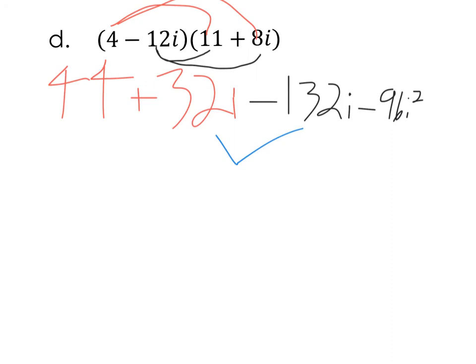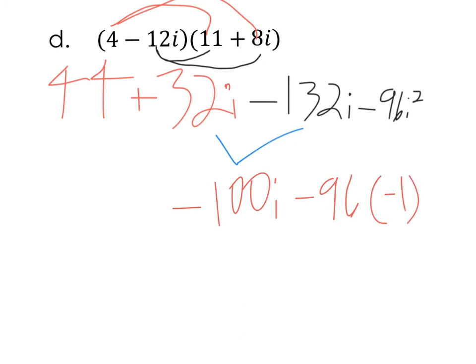All right, so back to this, combining like terms, 32i minus 132i. Looks like that's going to be a negative 100i. And then I know I can change this negative 96i squared to negative 96 times negative 1.